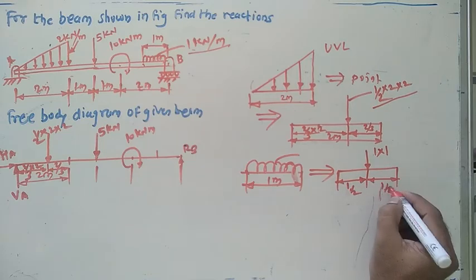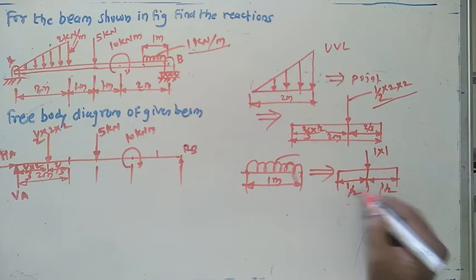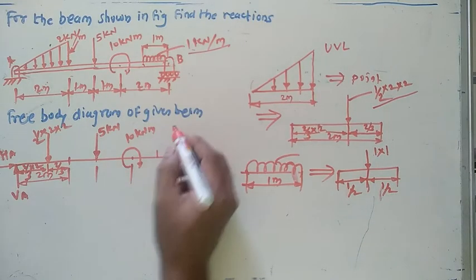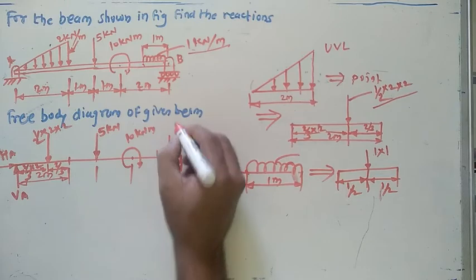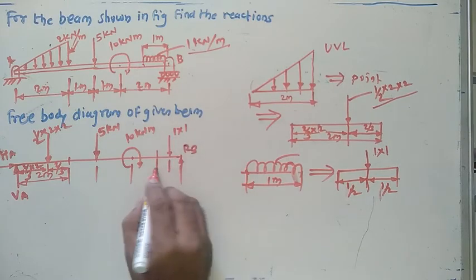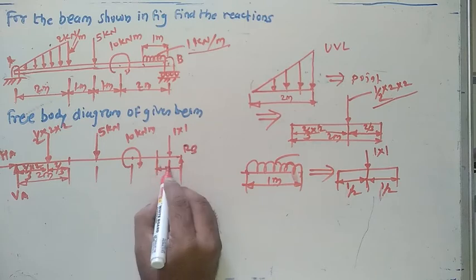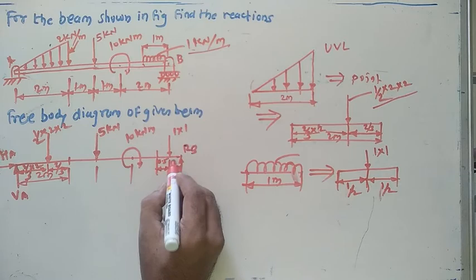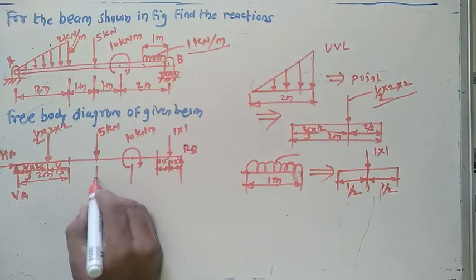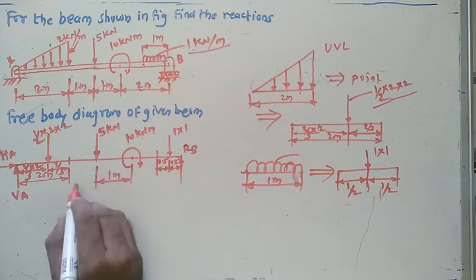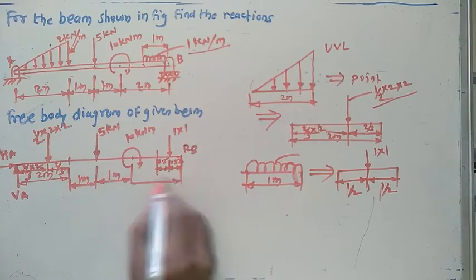So half of that 1 is here and half here. I'll show that load here. 1 multiplied by 1. The distance must be half, which means here 0.5. Apart from this one, the rest of the distance is shown here: 1 meter here, and here 2 meter.